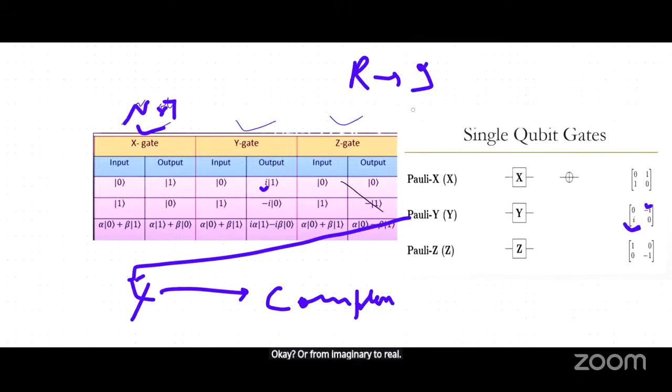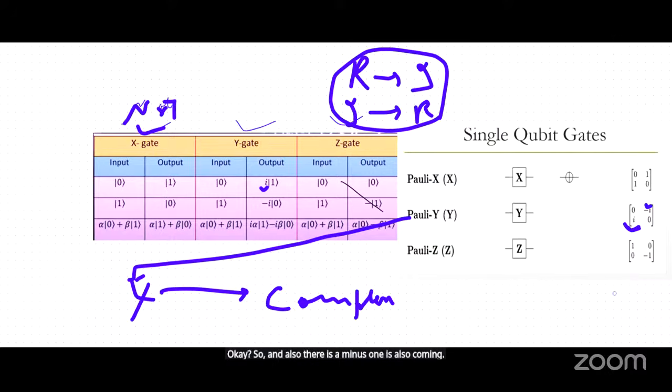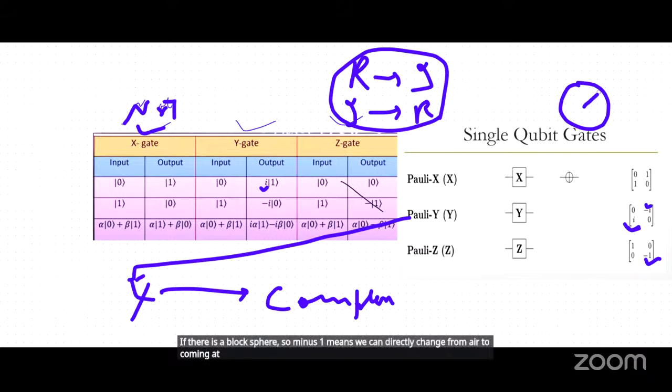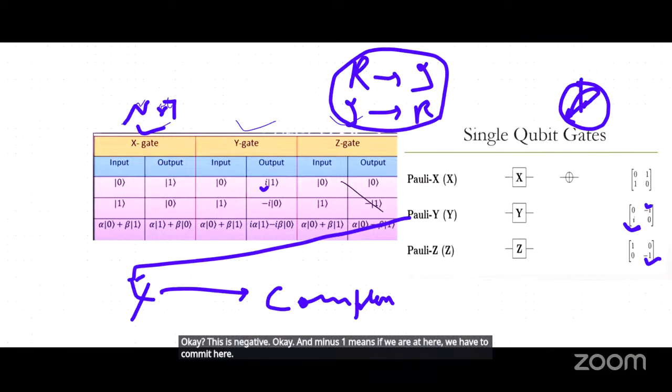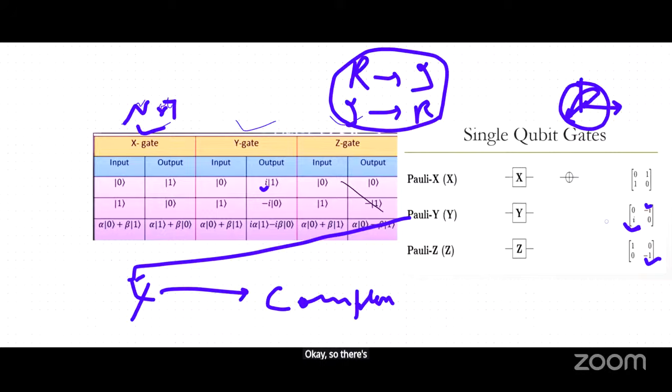It is a system-changing phenomenon. Also, a -1 is coming. If there is a Bloch sphere, -1 means we can change directly from here to here. This is negative, and -1 means if we are here, we have to come here. So this is the representation.